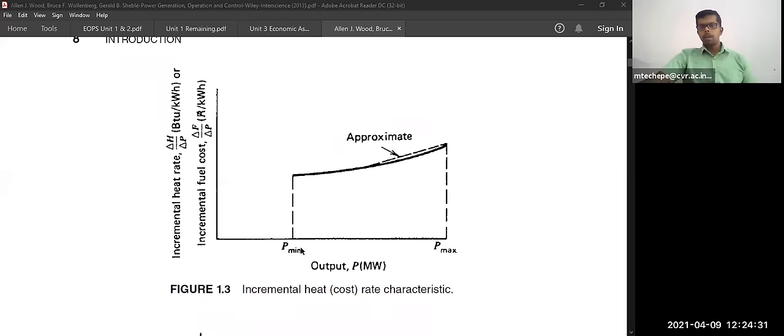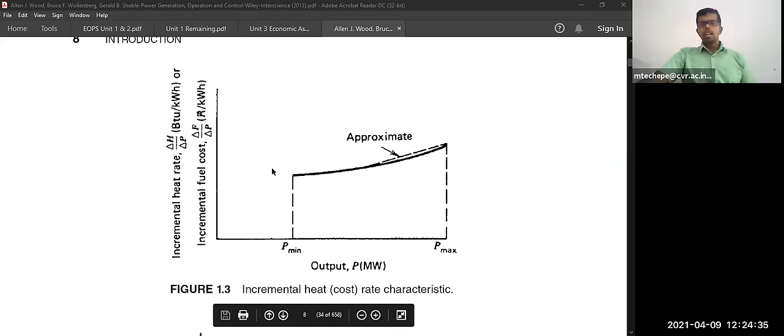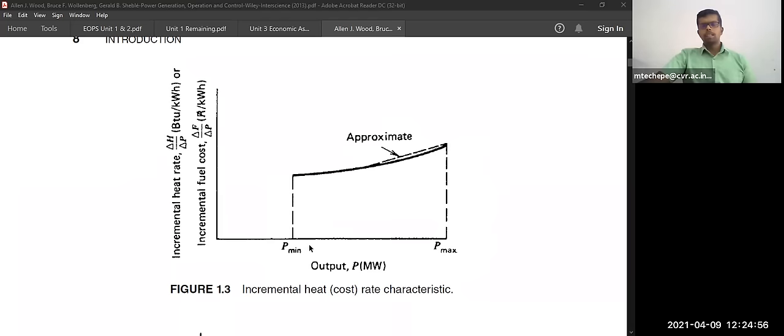So this is the minimum power generation and the maximum power generation. Sometimes we are at the limit itself, as in the problem we solved. Based on the generator size, they will give limits that you should not exceed. For a 500 megawatt unit, they will say you should not go below 475 megawatt and not beyond 510 megawatt.